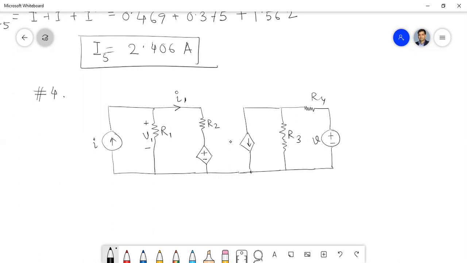And this current source is a current controlled current source, that is beta I1. And suppose this voltage is defined as V2. Now this is a voltage controlled voltage source, that is alpha V2.